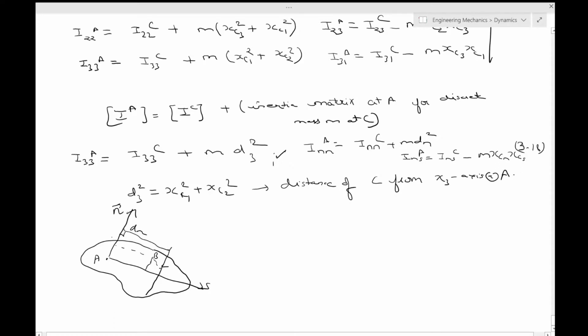So the most general form would be that this particular distance will be xcn, this would be xcs, so P is the projection of C on NS, so C is over here.